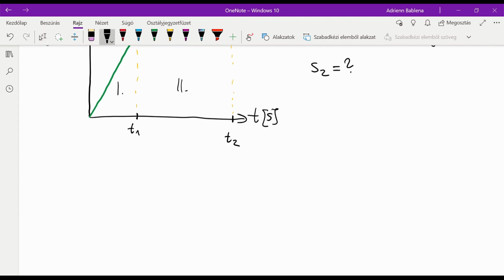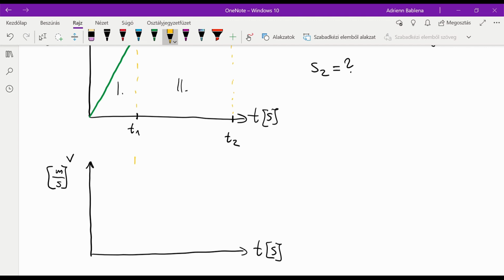We can draw a coordinate system for the velocity, not x, sorry, it's t. So we can draw a VT coordinate system.